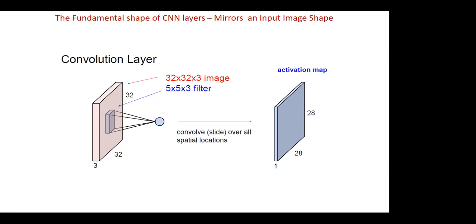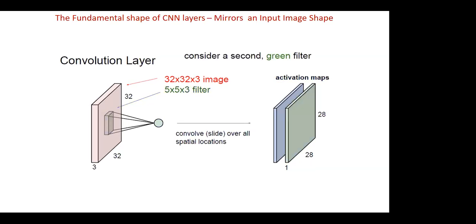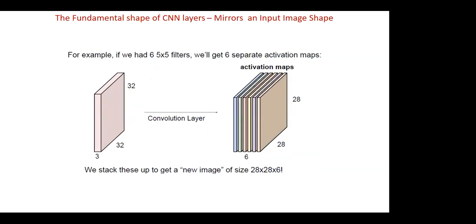We can have as many filters as we want. So let's say we have a second green filter, then we get a new activation map with the same dimensions, but this will essentially be capturing different features of the input image. So if you have 6 different filters, then you'll be capturing 6 different features of this image, and you can stack them together to get activation maps of depth 6.